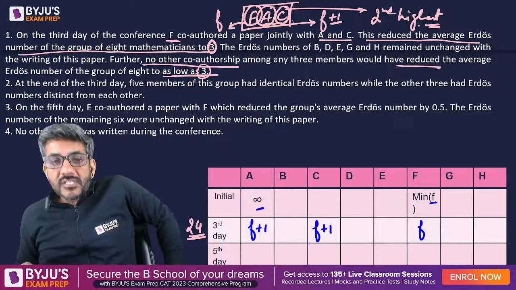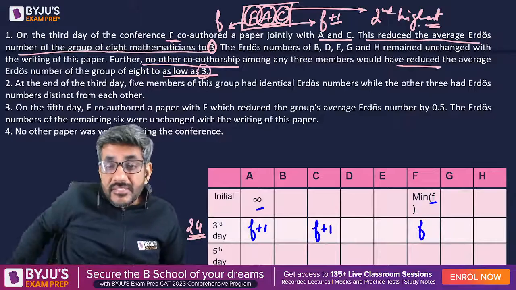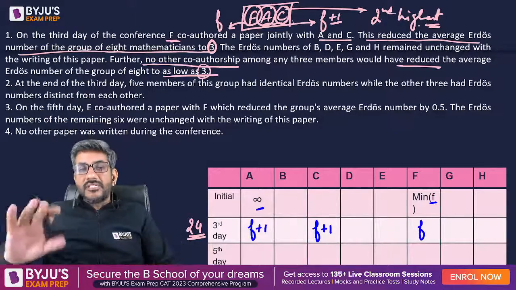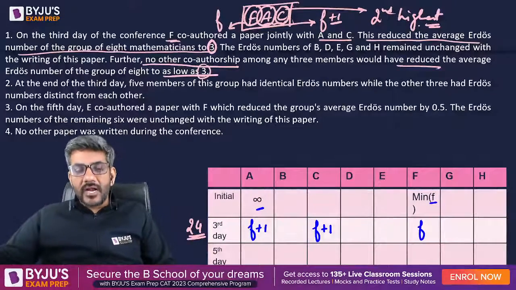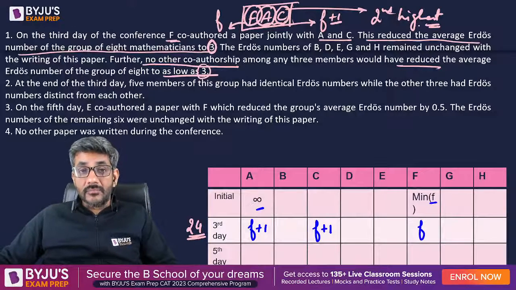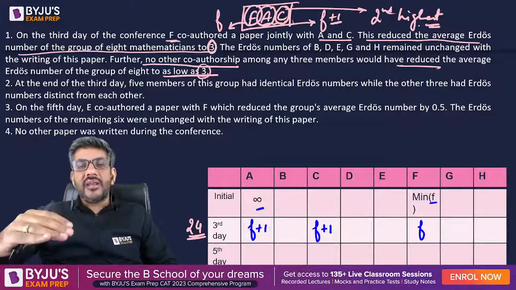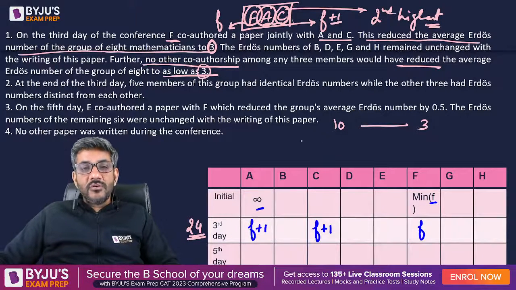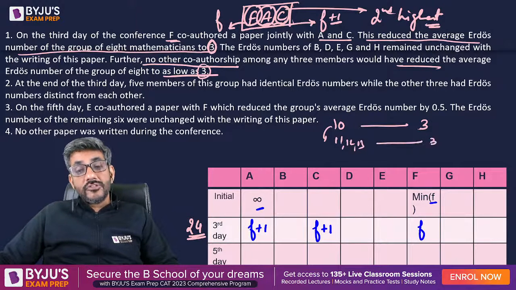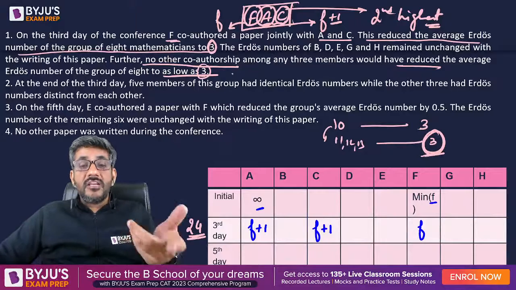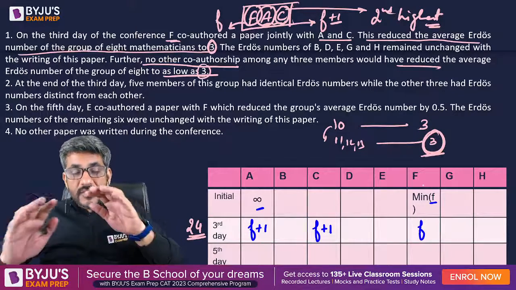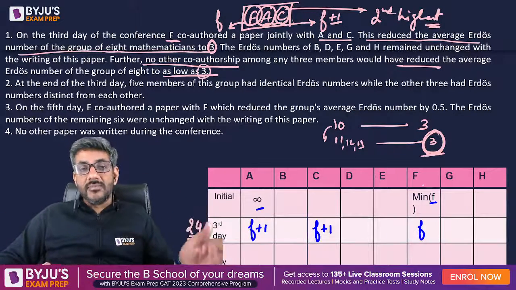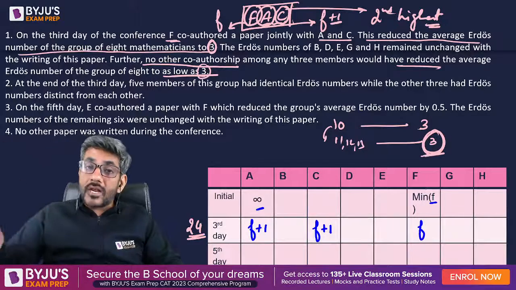C must be the person with an ERDOS number which was second highest, because if apart from C there was someone else who had a higher ERDOS number, he would have created more reduction. C's ERDOS number, let us say it was 10, and let's say it reduced to 3. If there was someone who had an ERDOS number more than 10, that is 11 or 12 or 13, they would also reduce to 3, because everyone will reduce to F plus 1 only. So if there was someone else who had a higher ERDOS number, he would have created more reduction.